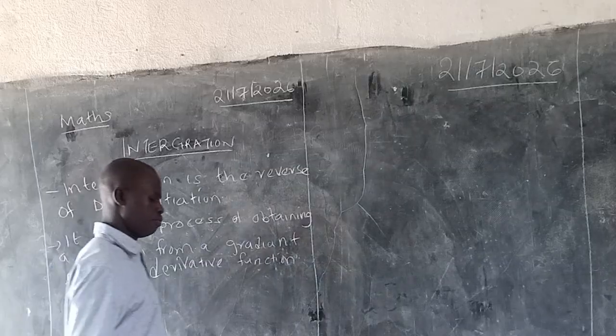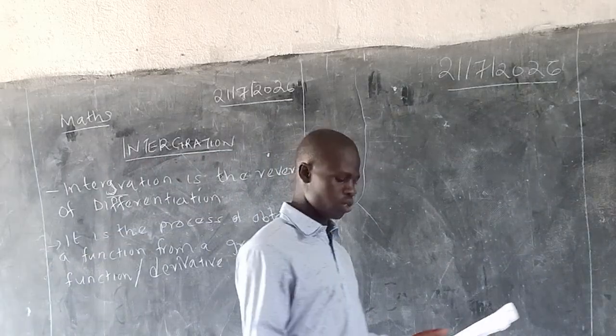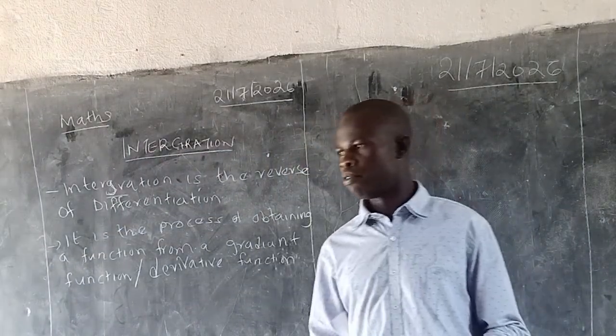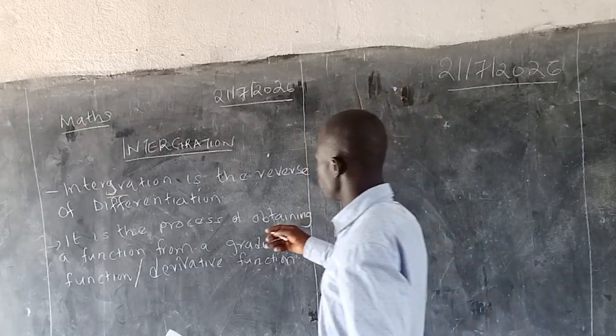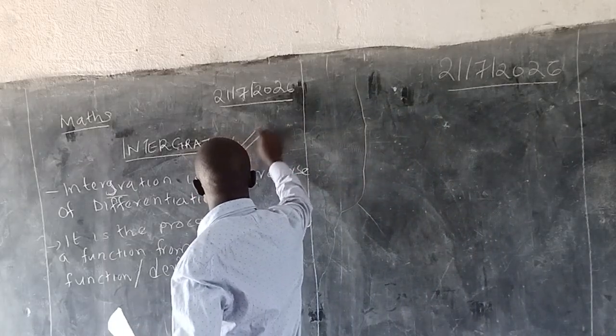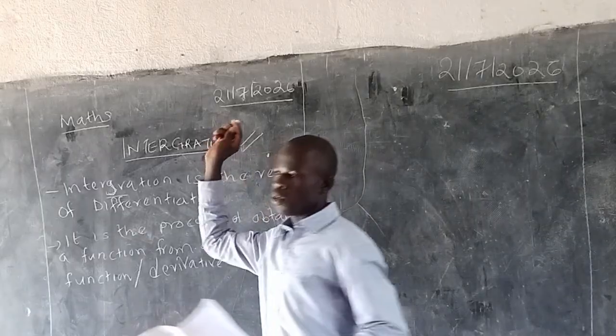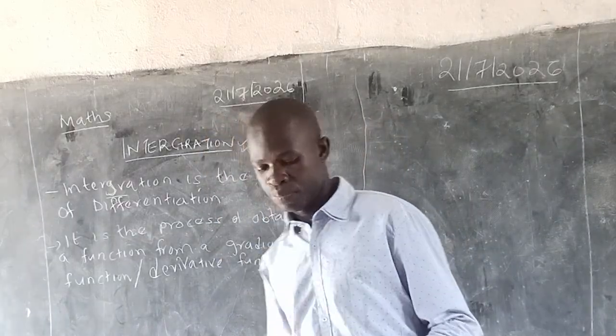Now, students, if you understood well about differentiation, then integration will become very simple, because anything that we do with integration, we do with the differentiation, is opposite when it comes to differentiation.